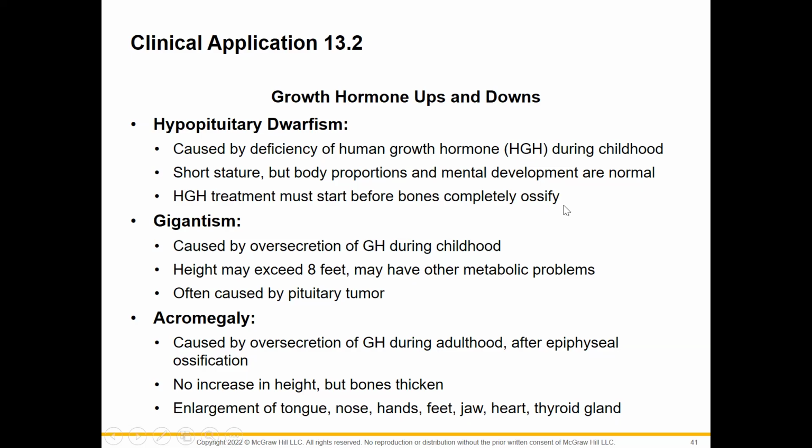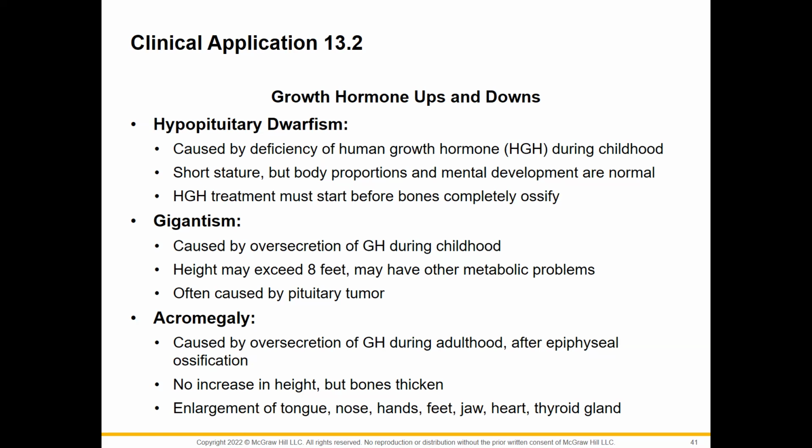If the parents and the practitioner notice that baby is not growing taller, they're not reaching certain milestones, then they can take the next steps to do some testing to see how much human growth hormone that baby is producing.